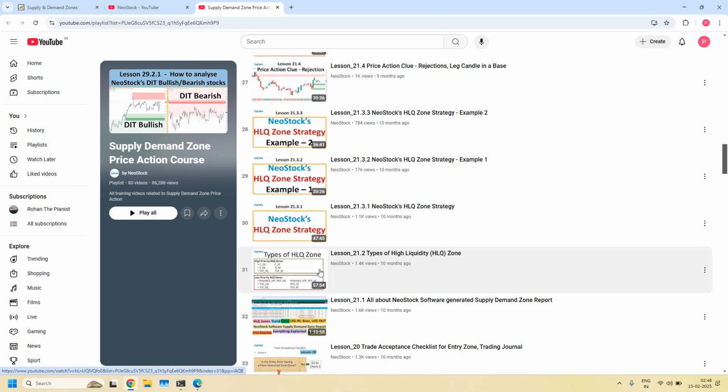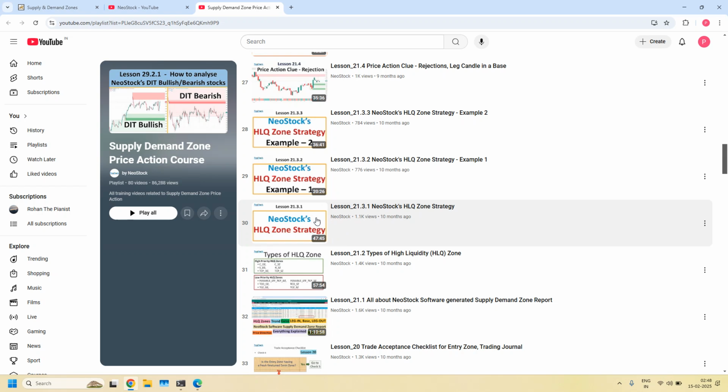I categorized them into high priority and low priority. Whatever high priority zones I listed, those zones only you will be using in the HLQ zone strategy. And that strategy I clearly explained. Whatever concepts I explained in this strategy are valid only for HLQ zones. You can't use those concepts for bullish and bearish trade setups for monthly, weekly, daily or hourly income trades. You can't use them, so you should be very careful.